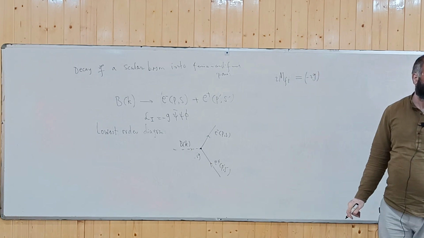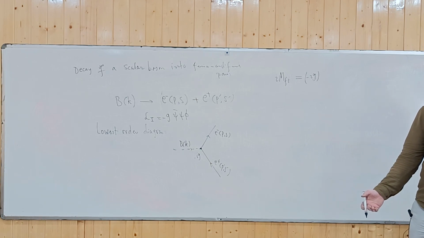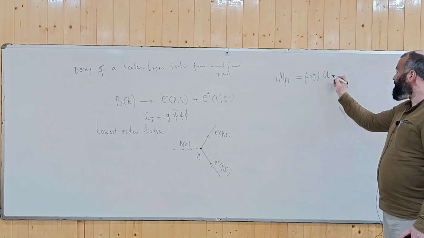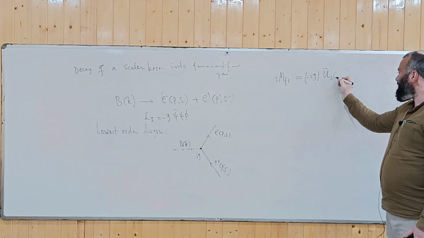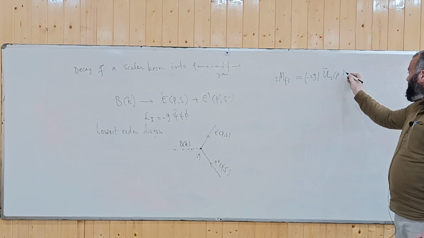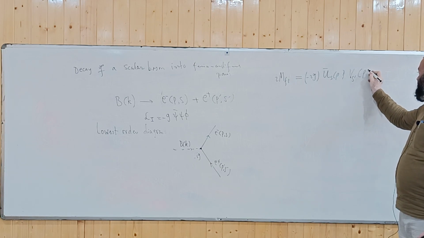So now what will I write? For the final particles, because there is no propagator at all, I need to consider only the final particles. For the fermion, it is u bar of p, s. Clear? So momentum is p and spin is s, and for the antifermion, it's v of p', s'.